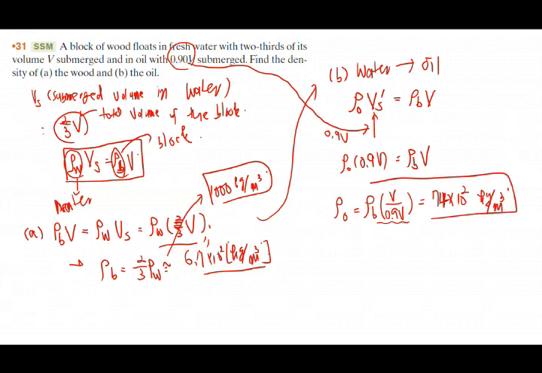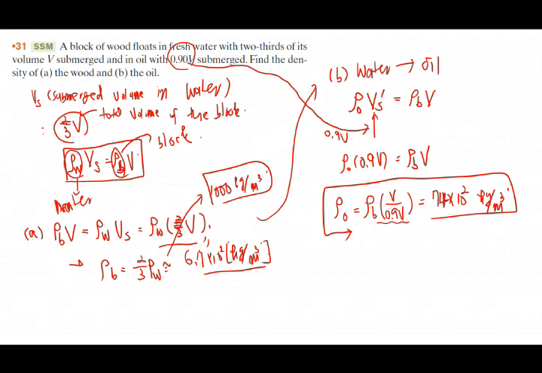Okay, that is an easy problem to solve, pretty straightforward. All we need is to replace the background material, the fluid, with oil. So that's all we need. Okay, let's move on then. I don't think you have any problem with this.